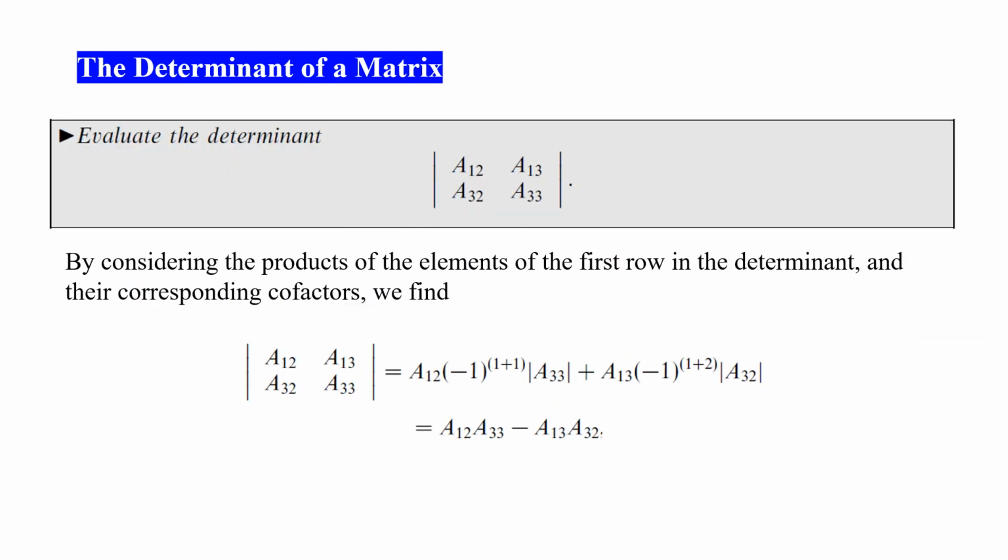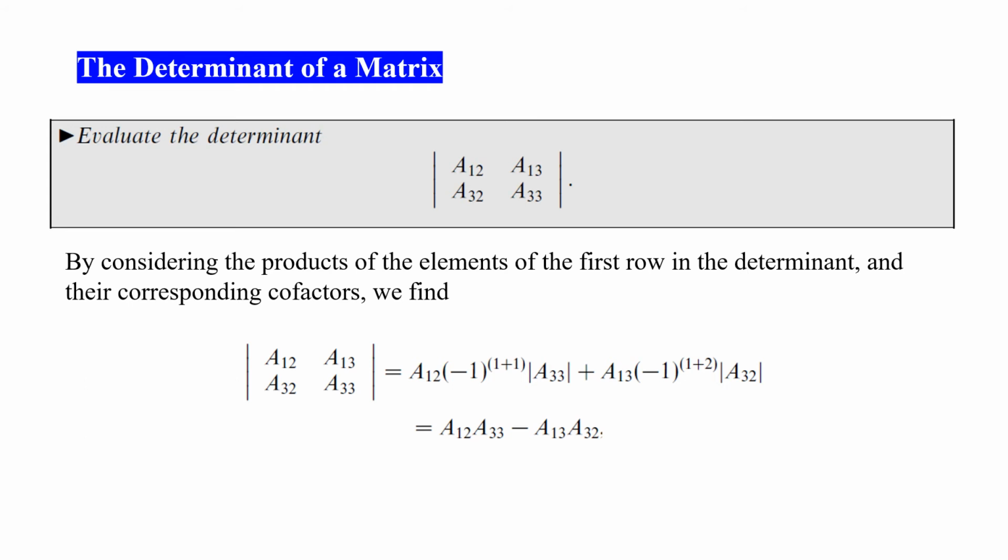Earlier, I have shown you how to find the determinant of a 2 by 2 matrix. But that was actually just a shortcut on how to find the determinant. If you're going to use the definition of minors and cofactors to find the determinant, finding the determinant of a 2 by 2 matrix goes like this.